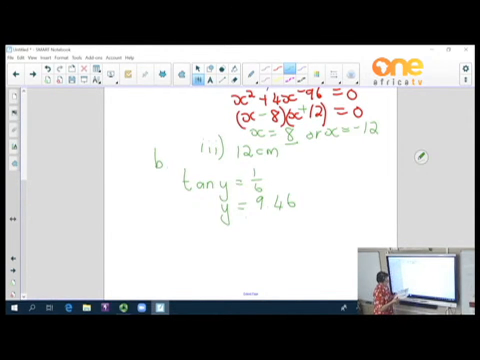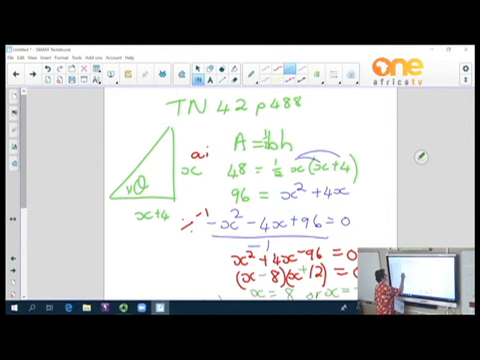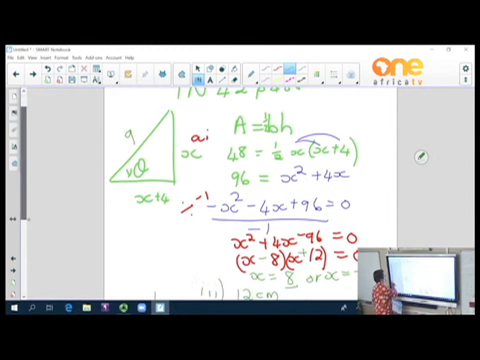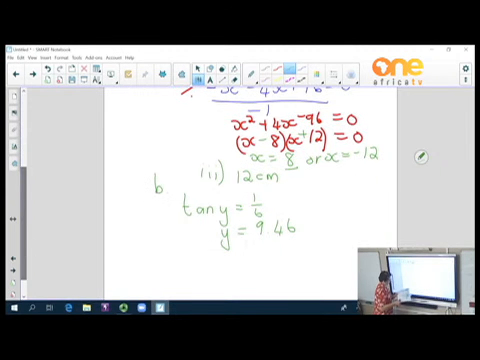And then they say when the length of AC is 9, so this is now the hypotenuse, this one is now 9. And then show that you can get that. And now I'm going to use Pythagoras this time.